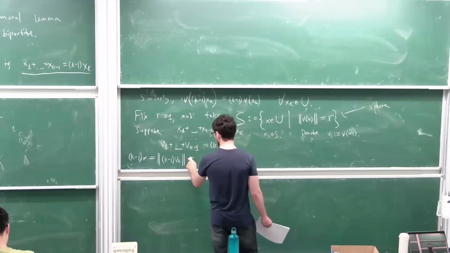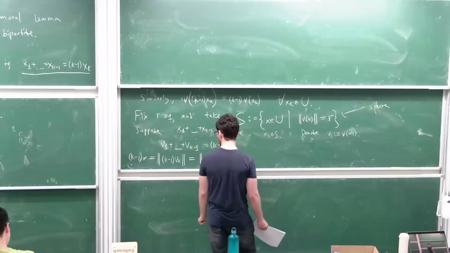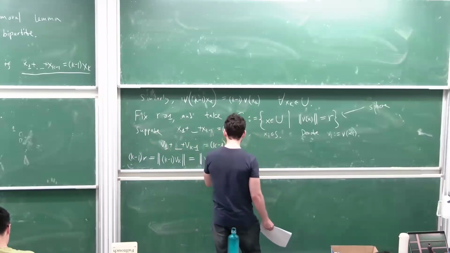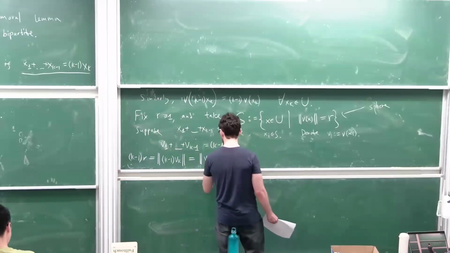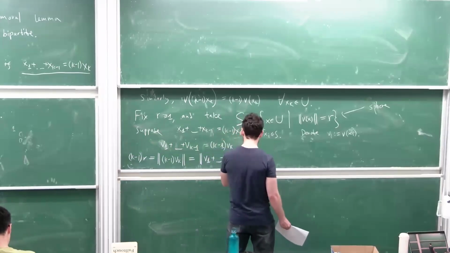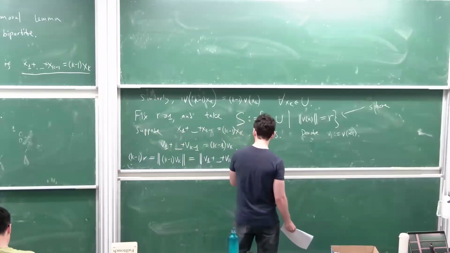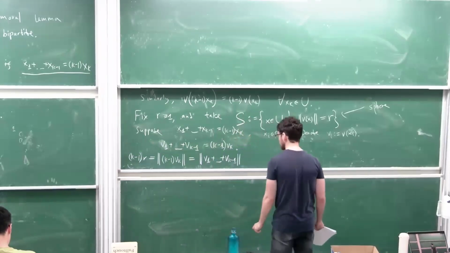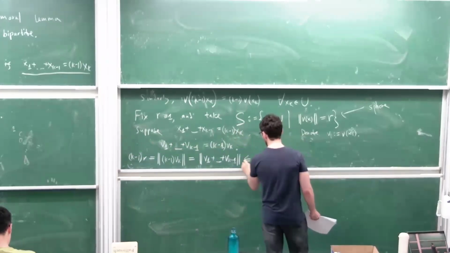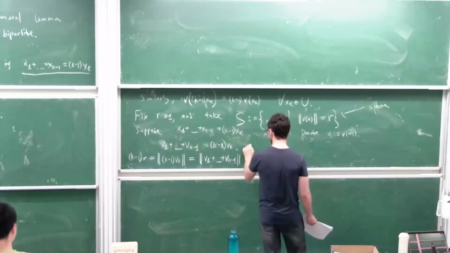And on the other hand, this is the norm of v1 plus up to v(k-1).